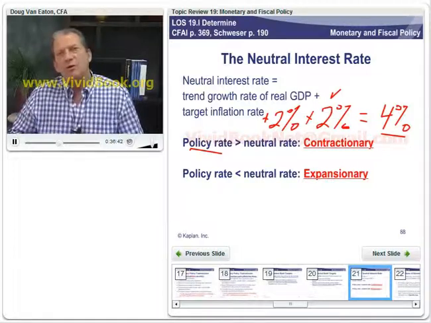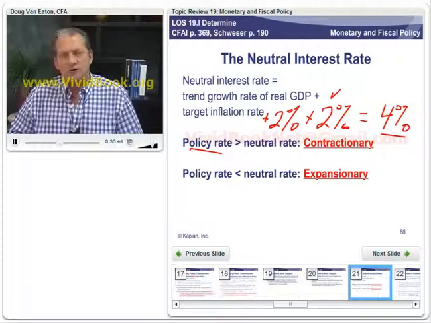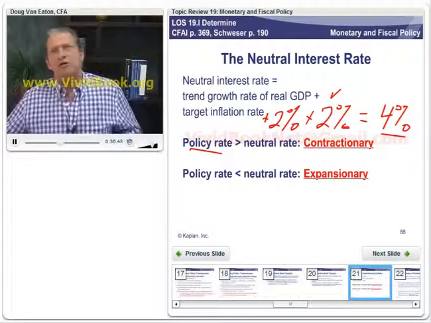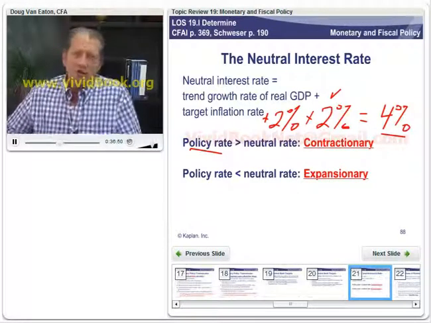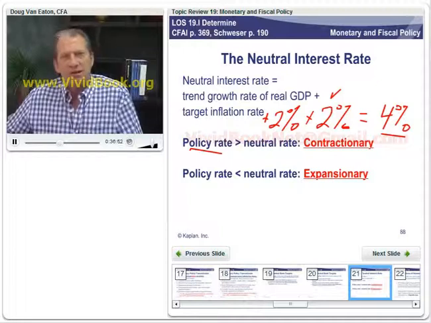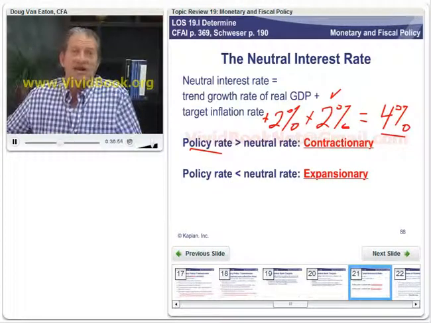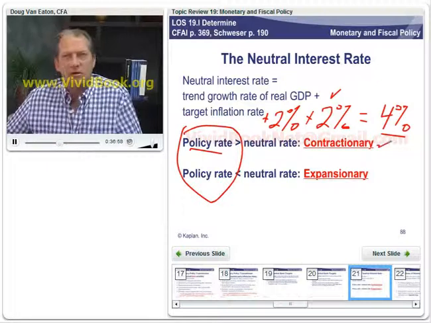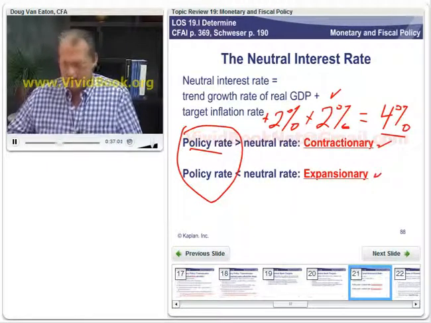If the policy rate is below this neutral rate, then that's expansionary. So that's the neutral interest rate and how we use it to determine whether a particular monetary policy, as expressed in the policy rate, is contractionary or expansionary.